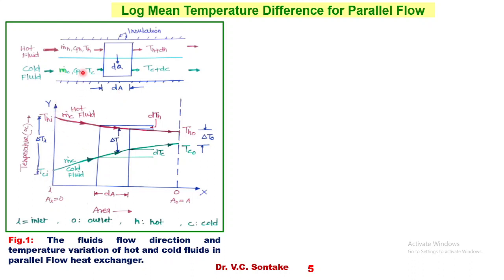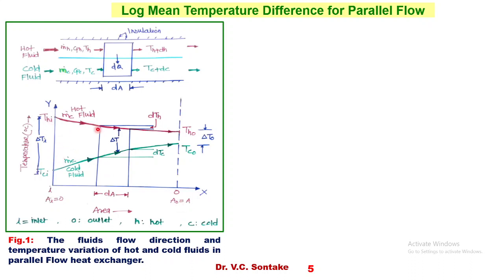The diagram below the schematic shows the temperature variation between hot and cold fluid in the heat exchanger. On the x-axis, we are considering area or length of the heat exchanger. The left extreme side of the graph represents the inlet of the heat exchanger, where length or area is 0, and the right hand side represents the outlet of the heat exchanger, where area is the entire surface area.